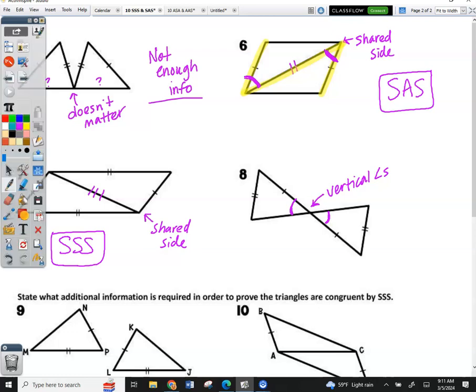Now I'm going to go in and ask myself, am I checking for side, side, side or side, angle, side? We're going to check off for side angle side because we don't know enough about the third side. We don't have any marks. So I'm going to highlight the sides that are congruent. And then I'm going to just kind of emphasize the angles that are congruent.